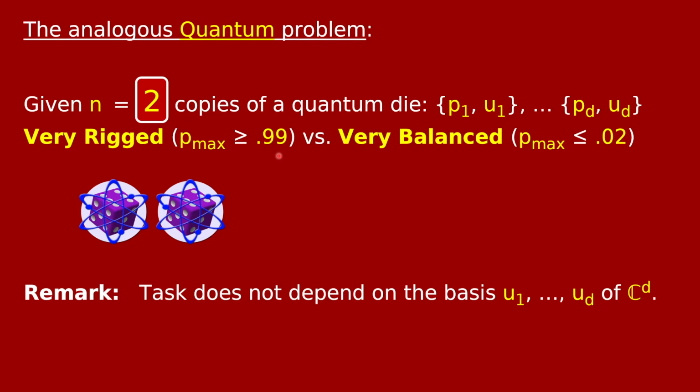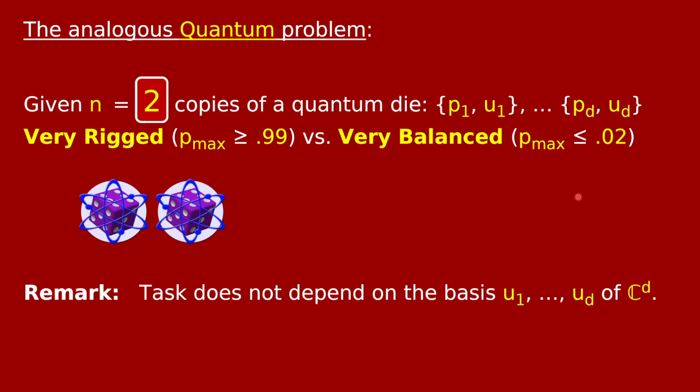Those are called pure quantum states. And this very rigged case is kind of like an almost pure state, maybe a pure state that's suffered just a little bit of noise. And a nearly balanced state, or one where all the probabilities are very low, is sometimes called almost the maximally mixed state, which is sort of pure noise. So this is a natural task you might care about with 2 copies of a quantum system.